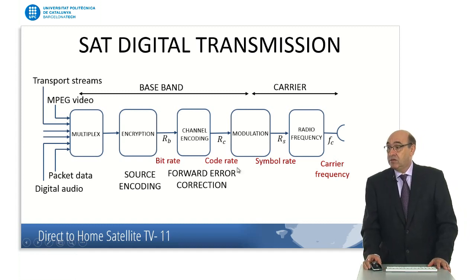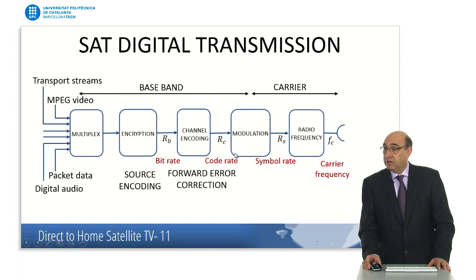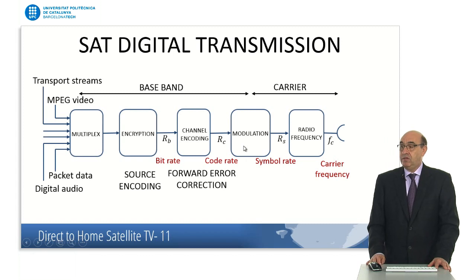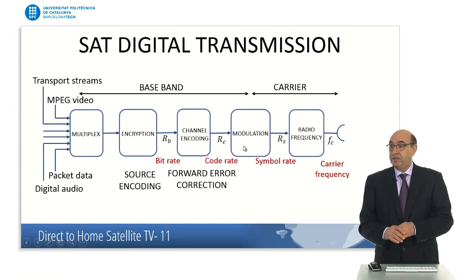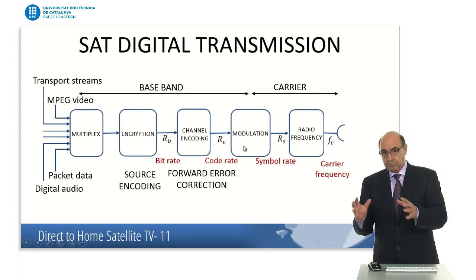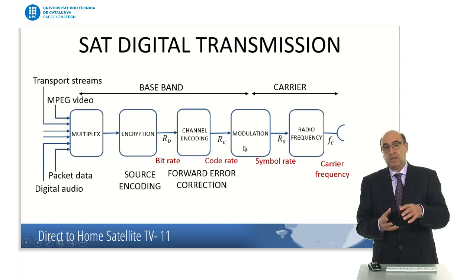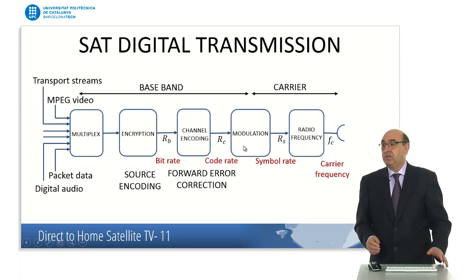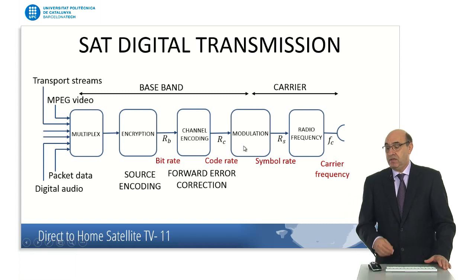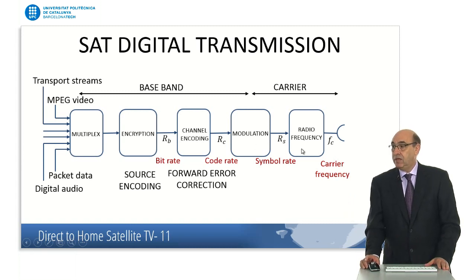And with this part of the information, we now enter the modulation process. Here, what we do is just to prepare those signals, those bits, to be modulating the radio frequency carrier. And then we just go to the antenna.